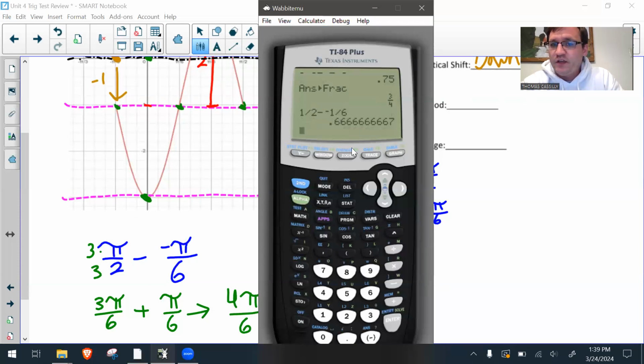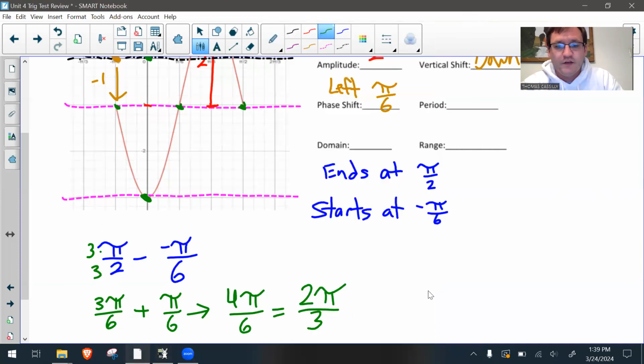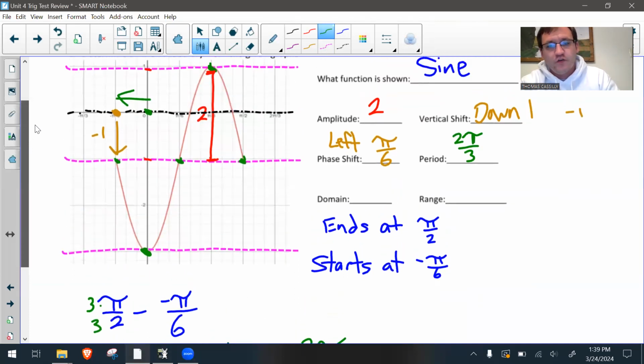Subtract them. It'll get you a decimal, and then you just go math, enter, turn it into a fraction, and there's your 2/3. And then just put the pi on the end of it. All right, so that is the period. So the period here was 2pi/3.